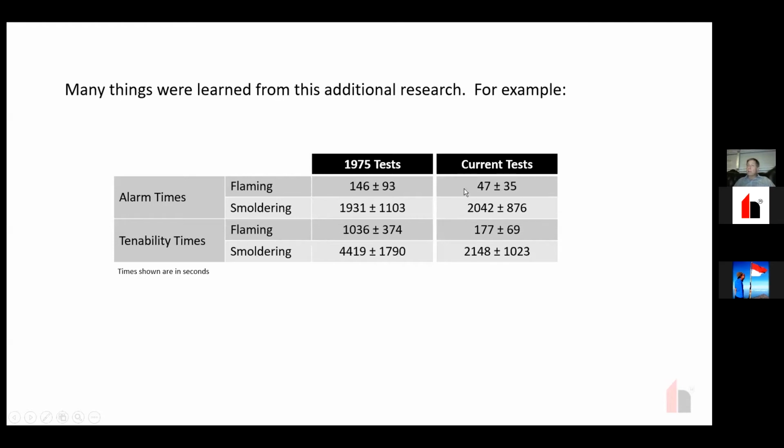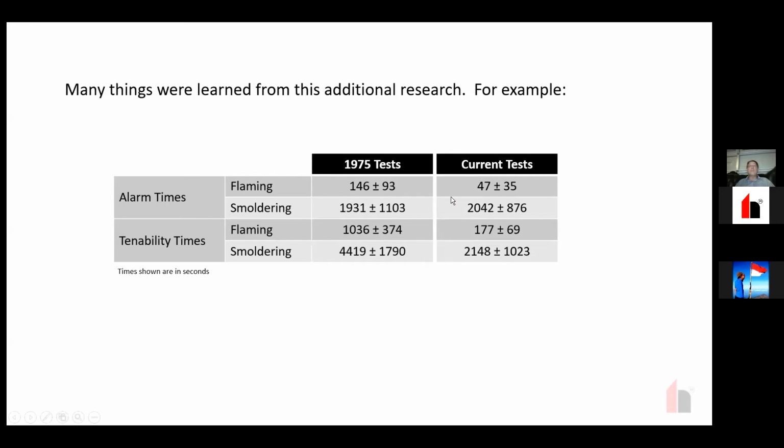They hear the alarm go off, they've got to get together and get out very, very quickly before the fire gets so bad that they're going to be trapped in there. With smoldering fires, the alarm is signaled at 2,042 seconds. That's about 34 minutes. But notice, the room becomes untenable at 35 minutes and 48 seconds.